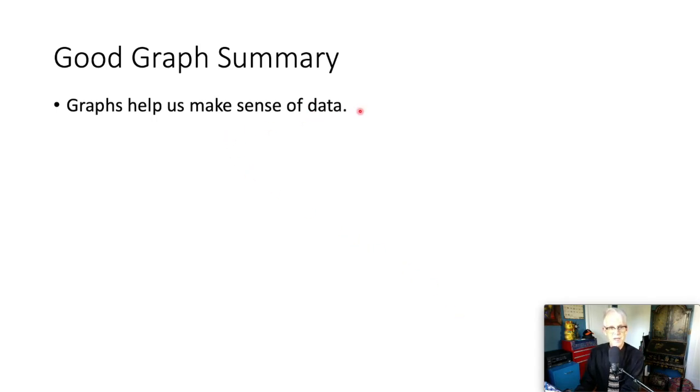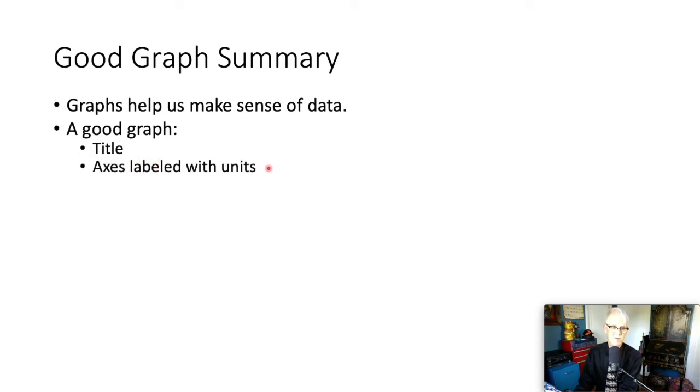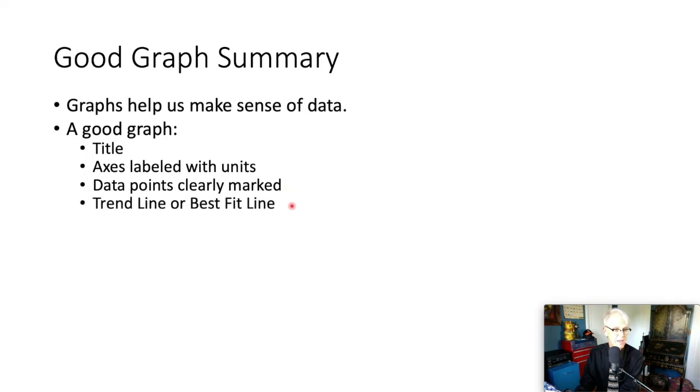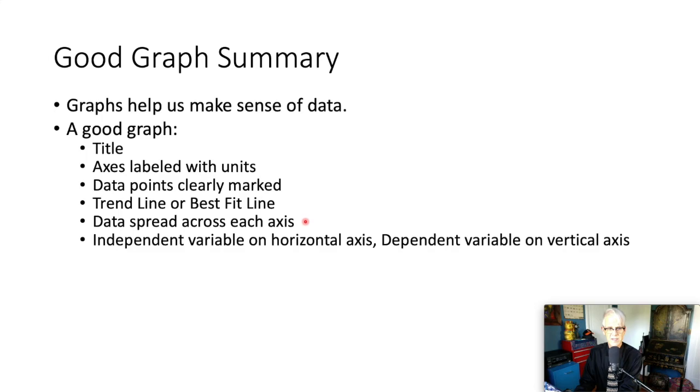Let's summarize what we've learned so far. Graphs help us make sense of data. A good graph should have a title, axes with labels and units, data points clearly marked. It needs a trend line or a best fit line, and the data needs to be spread across each axis.